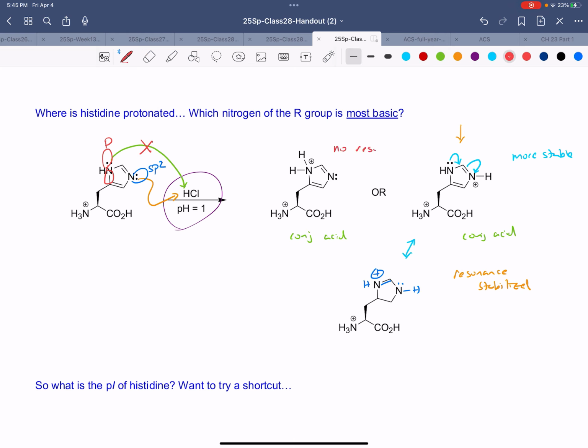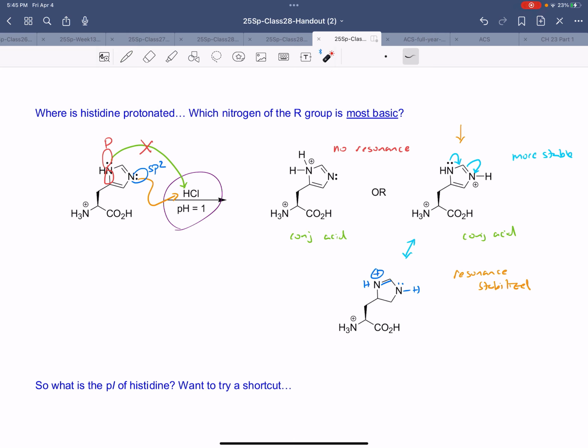Now, you shouldn't take my word for it, right? You should try. Double check. Or guess. I mean, could you do something like this? No, because that nitrogen would not satisfy the octet rule. So don't do that. There's no way I can move the electrons to start delocalizing this charge.